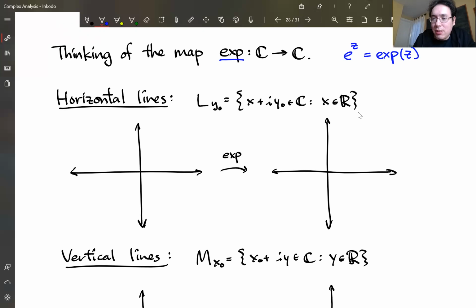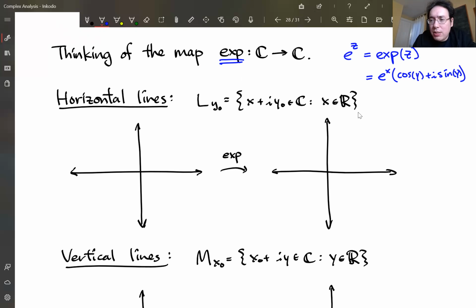So if there's a complicated expression in there, you know how to read it. So when I write exp, I mean the same thing as the e to the z function. All right, we know that this function looks like e to the x times cosine of y plus i sine of y.